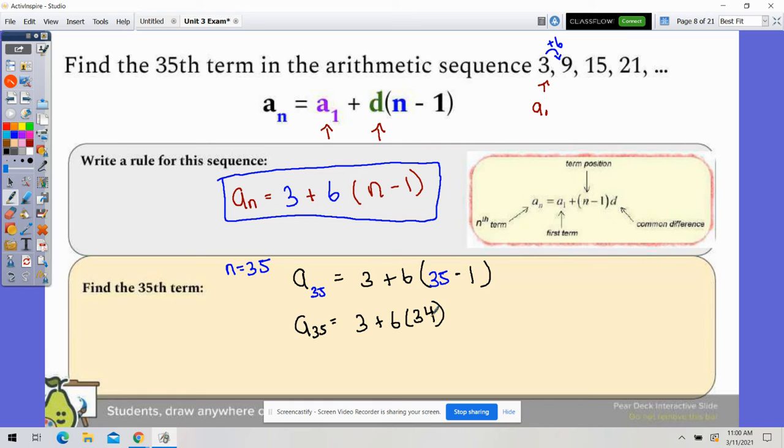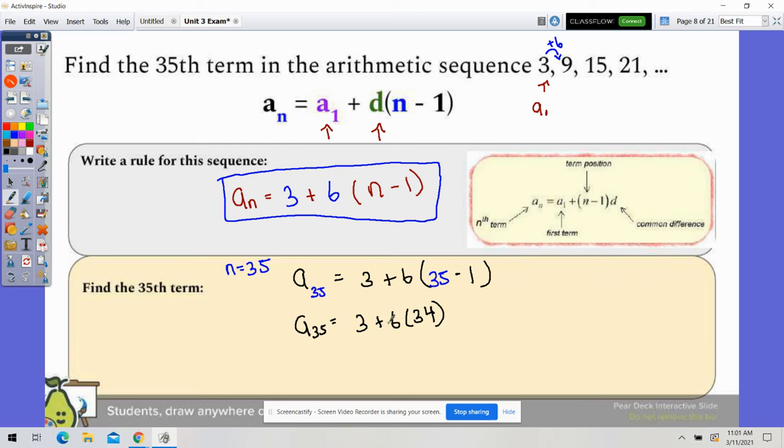Now at this point, what do we do? Do we do the addition or do we do the multiplication? Think of PEMDAS: parentheses, exponents, multiplication, division, addition, subtraction. So I know that the multiplication is going to come first.